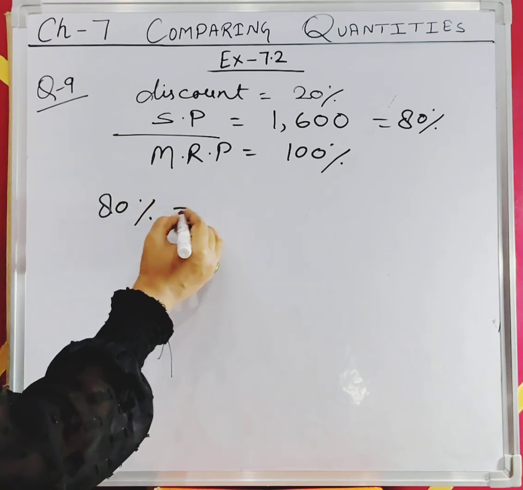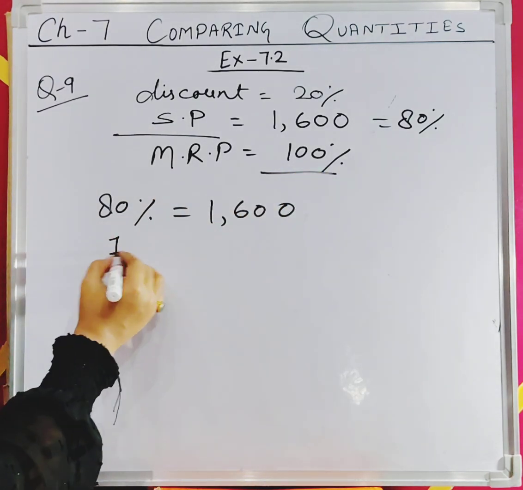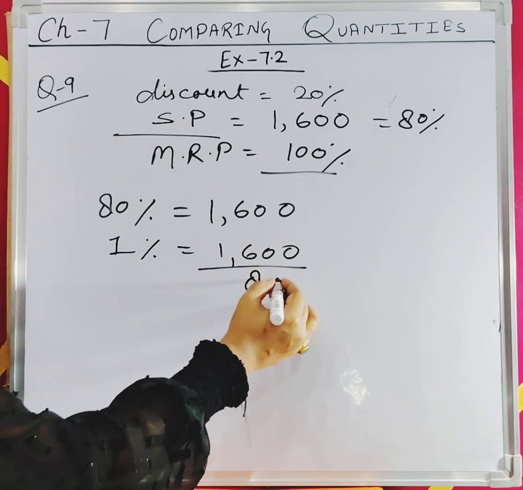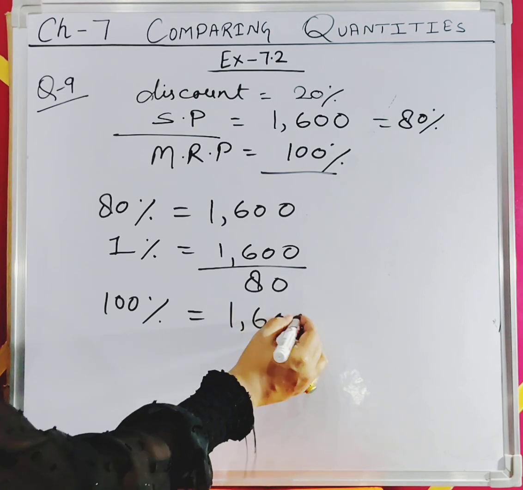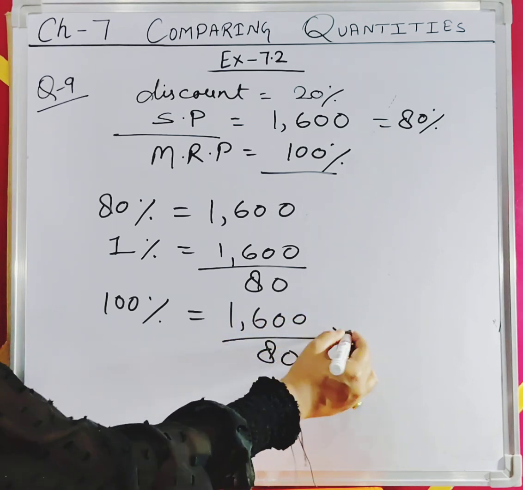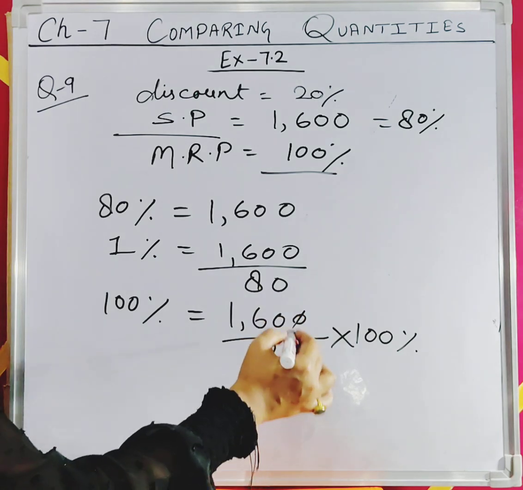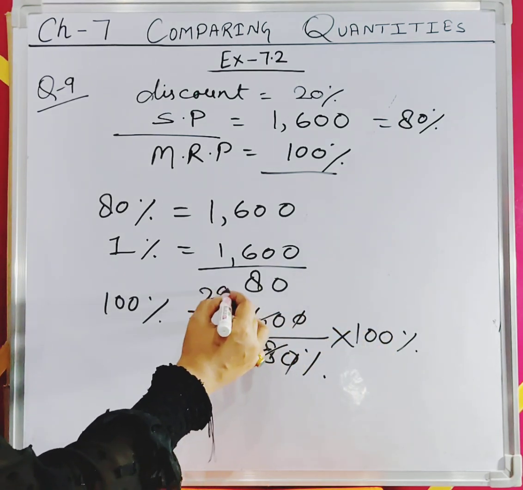80% is given as 1600 rupees. You have to find 100% by the unitary method. Eight ones are 8, eight twos are 16.